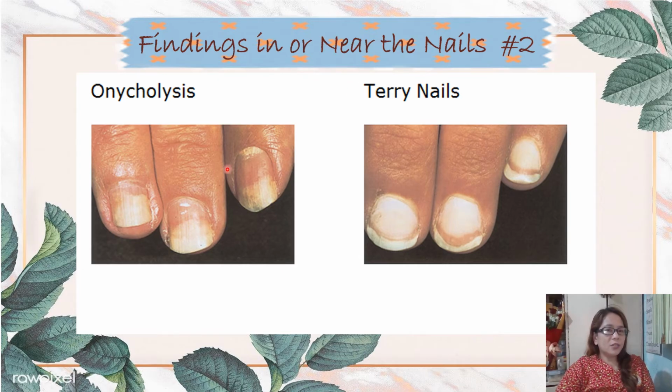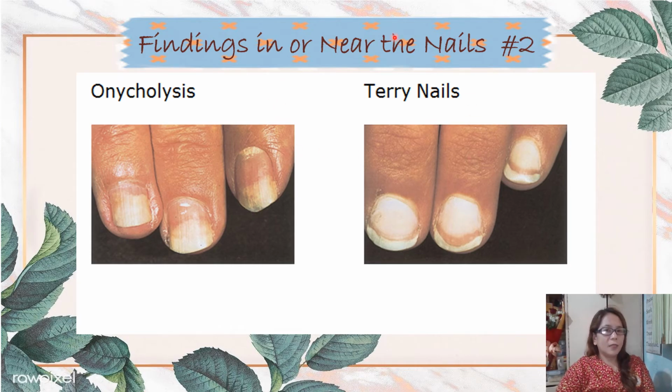There is also a systemic cause of onycholysis. Okay, examples are diabetes or anemia. Or could be due to drug reactions, or this can also be seen in patients with hyperthyroidism, peripheral ischemia, okay, syphilis.